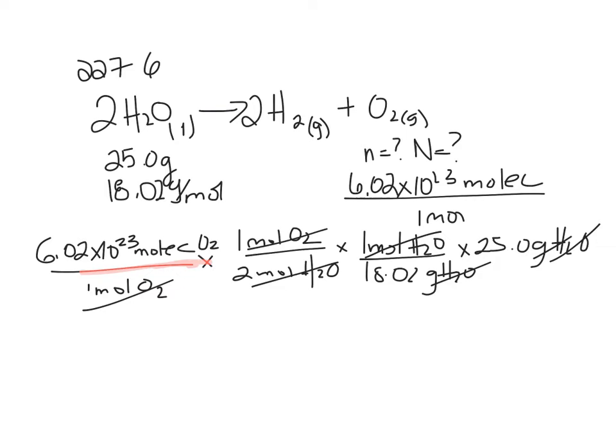Moles of O2. So you do the math to figure out molecules. You do the math again without the first ratio, and you've got the moles. So you don't have to write it out twice.